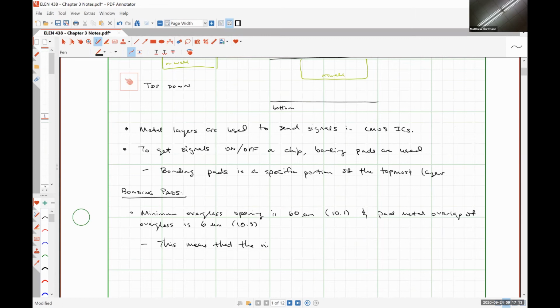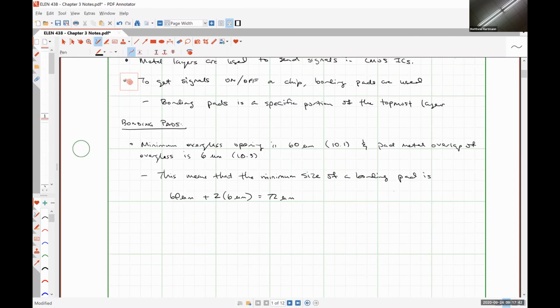So this means that the minimum size of a bonding pad is 60 microns plus twice 6 microns, because it needs to overlap on all sides, is 72 microns.